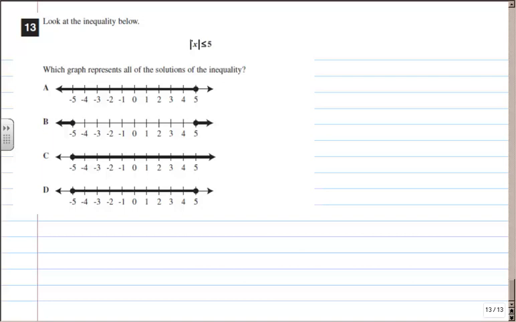Absolute value inequality. Okay? Absolute value of x is less than or equal to 5. Do you guys remember the absolute value, what it stands for?